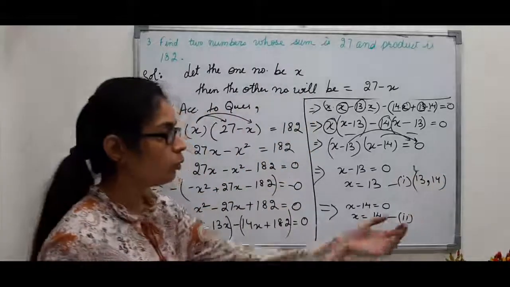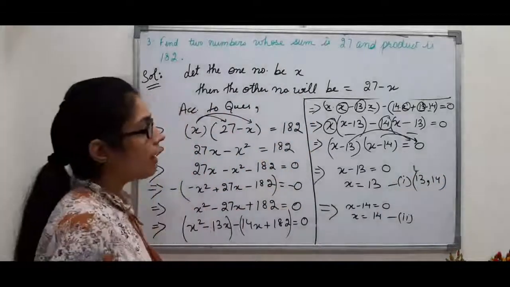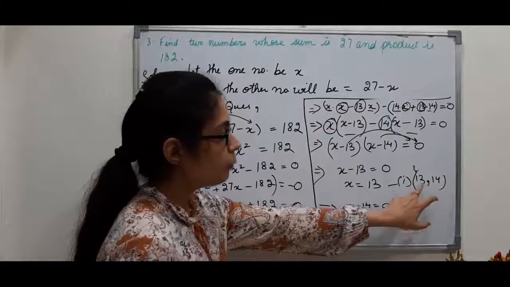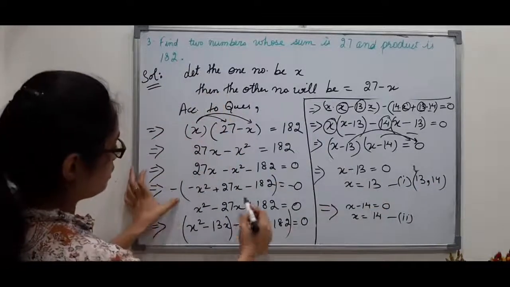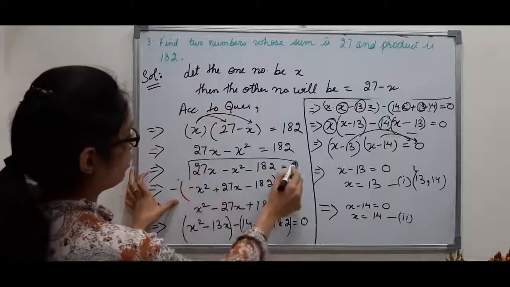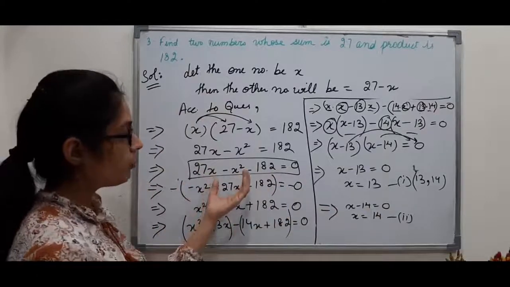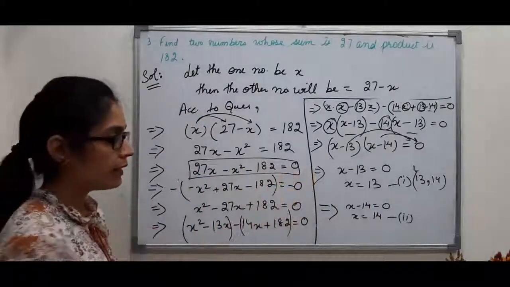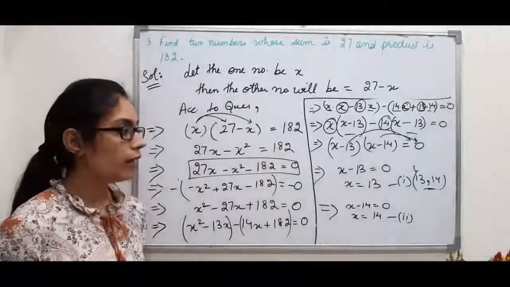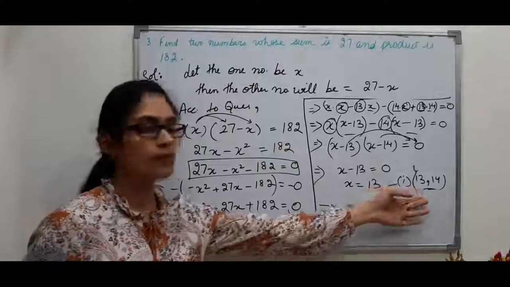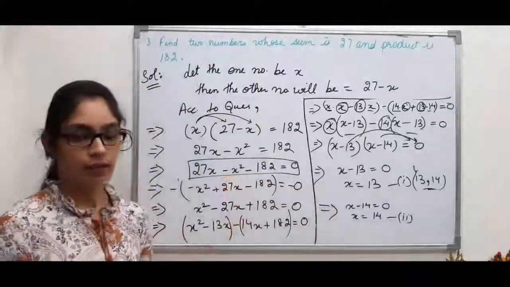Now you have found two values, and I've already told you, if you put these values in this equation, which was a quadratic equation, and your equation becomes equal to the right hand side, that means your solutions or roots are correct. So I want you guys to fill these values in and check it out yourselves.